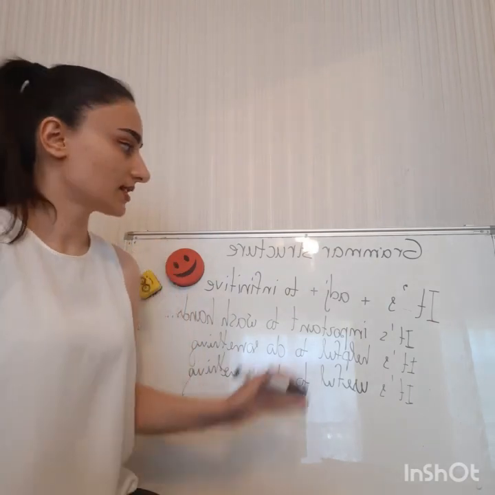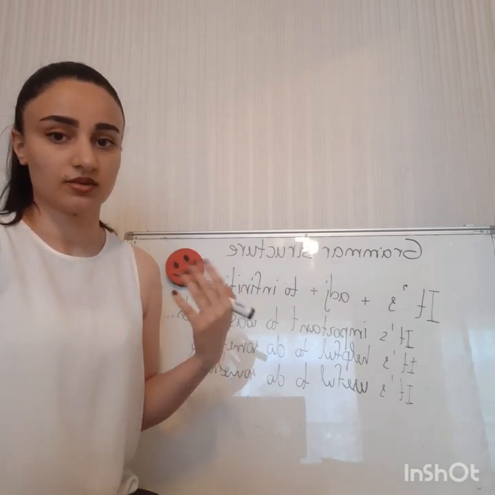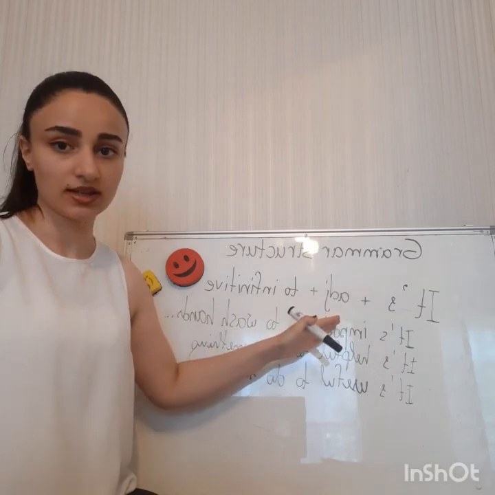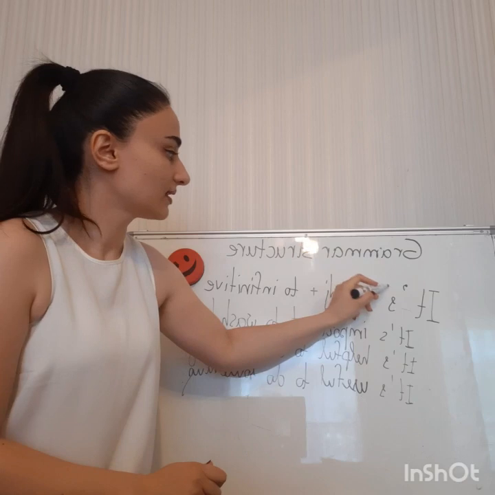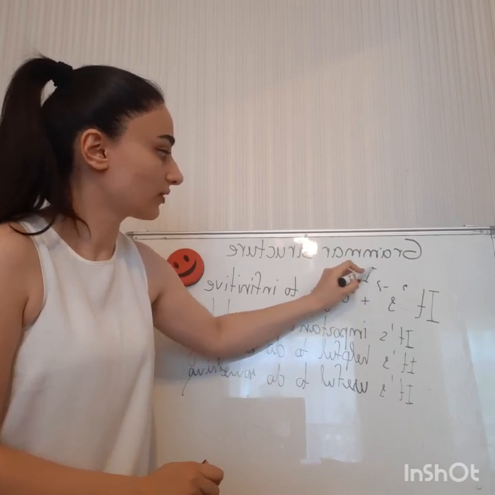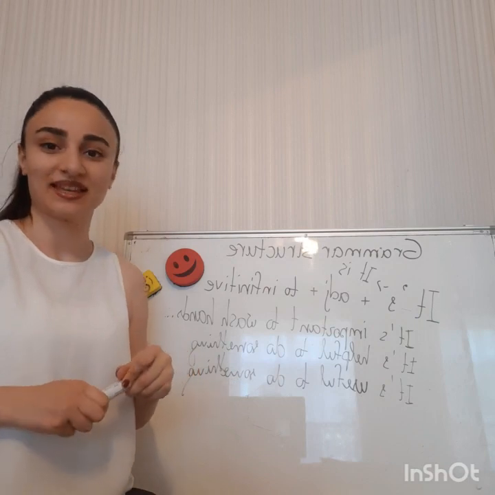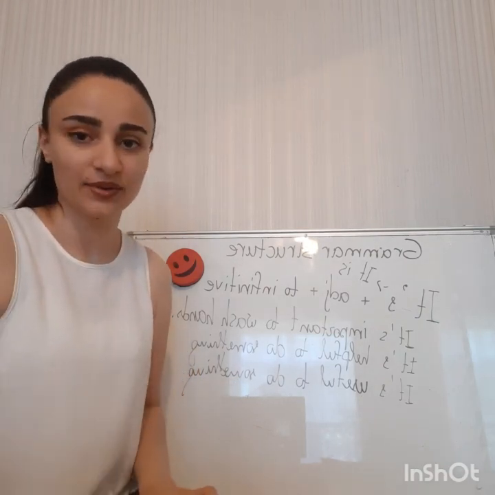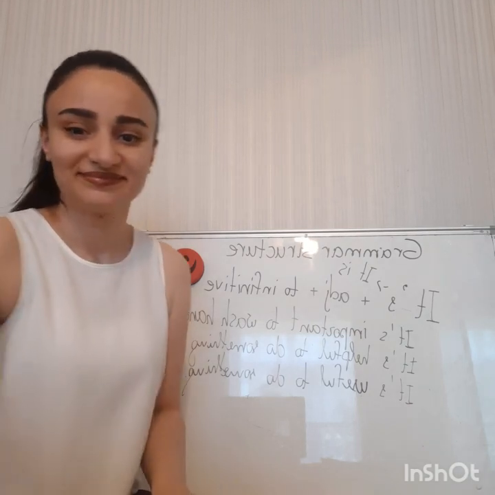So we use this kind of structure to give our opinions or advice, and the structure is formed by it's plus adjective plus infinitive. And as you know, it's is the contraction for it is. All right, so that was our grammar point, grammar structure. And now we are going to start our writing activity.